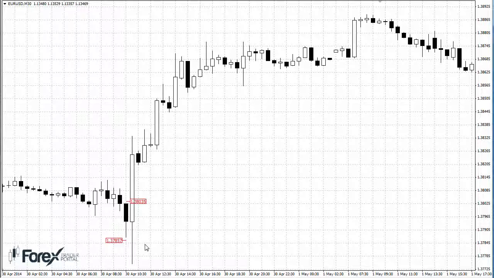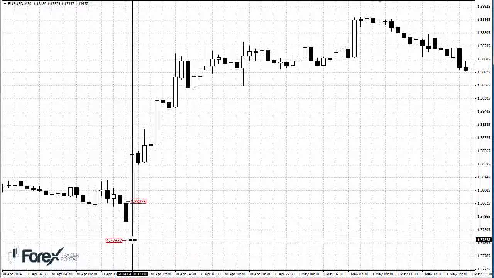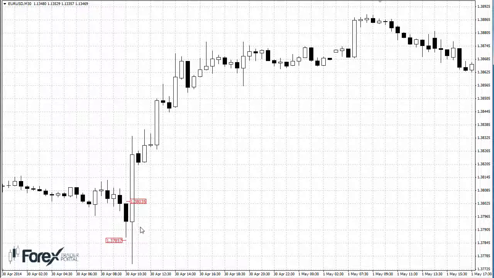The stop loss of the order to sell is triggered, and we lose here about 17 points, and simultaneously the order to buy is activated. We wait for 2.5 hours, that is 5 half-hour candles. 1, 2, 3, 4, 5.